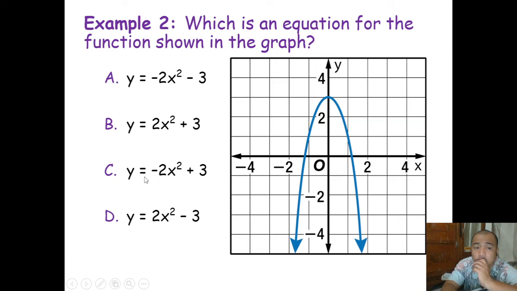So it's either A or C only. We cannot accept B and D. Okay, the correct answer is C, because it's translated 3 units upward from the origin. 1, 2, 3, right? Whereas if it has minus 3, it will be translated down 3 units.